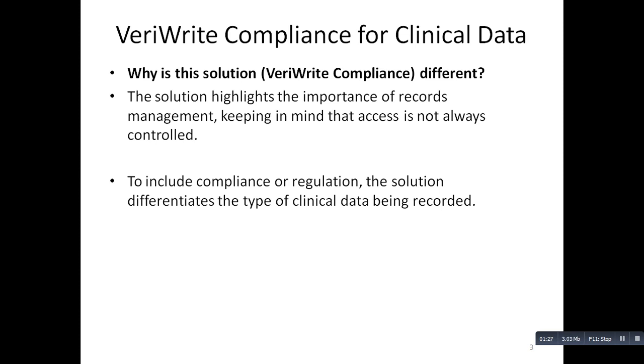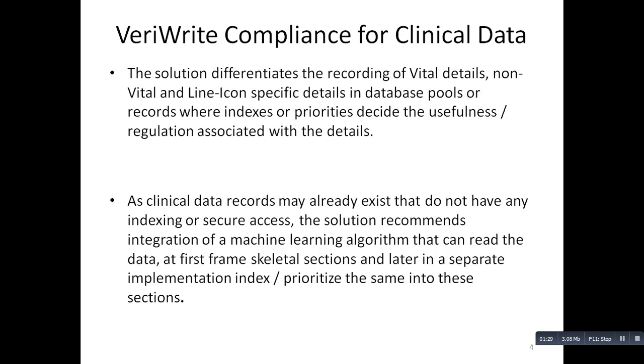The data differentiated could be vital data, which could mean blood pressure problems, insulin related problems or heart problems, and various other vital sign related parameters. It could mean non-vital data, which we go on to describe, or it could mean line icon specific data, which yet again is something we try to add to our solution so as to address what we see as the next step in clinical data management.